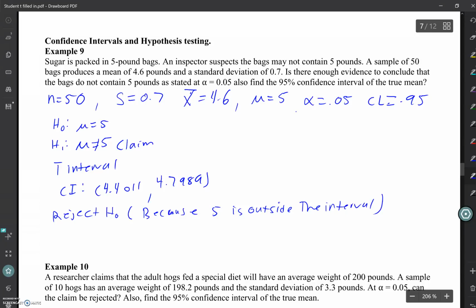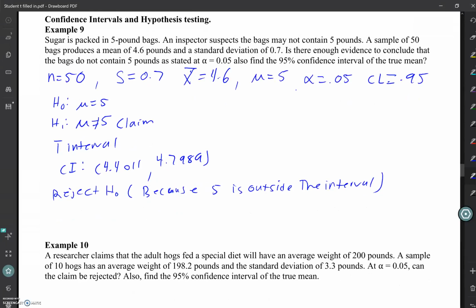so if we're rejecting, what does that mean in terms of my sentence? We're 95% confident the true mean is inside, except what happened with this one? It's that 5% that it's not inside. So I actually want to talk about the conclusion for the hypothesis.